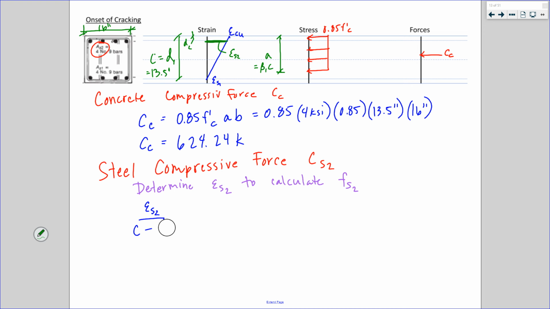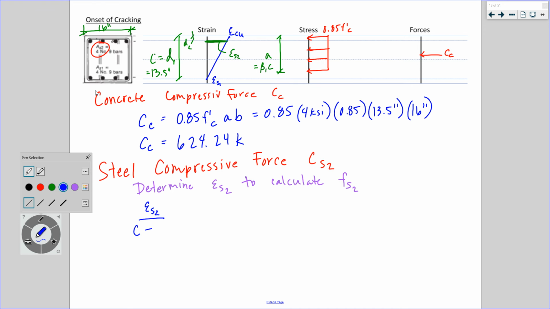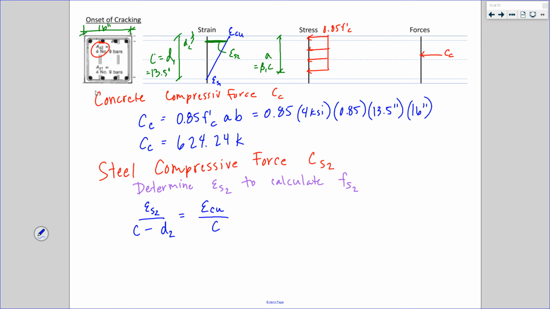So similar triangles, ES2 over C minus D2 is equal to strain in my concrete over C. Strain in my compression steel is ECU over C times C minus D2, 0.003 over 13.5 inches times 13.5 inches, and I need to find D2.